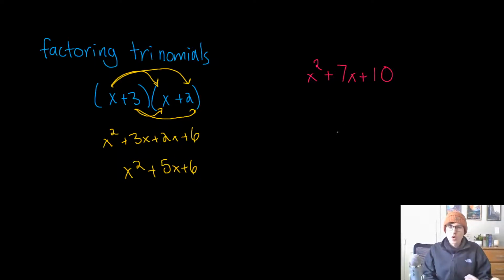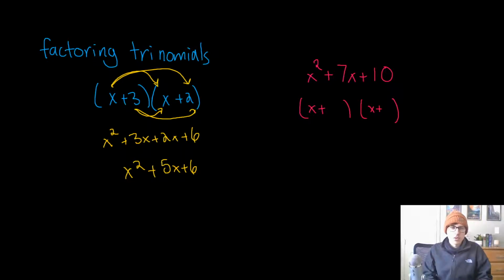Well, since we kind of know this general structure, I know that I'll have two terms. I'll have an x and an x, because x times x is x squared. And then I need two other numbers, and since these are both positive, I know that these are both positive. So I'm thinking over here, 3 times 2 was 6, so I need two numbers that multiply to 10.